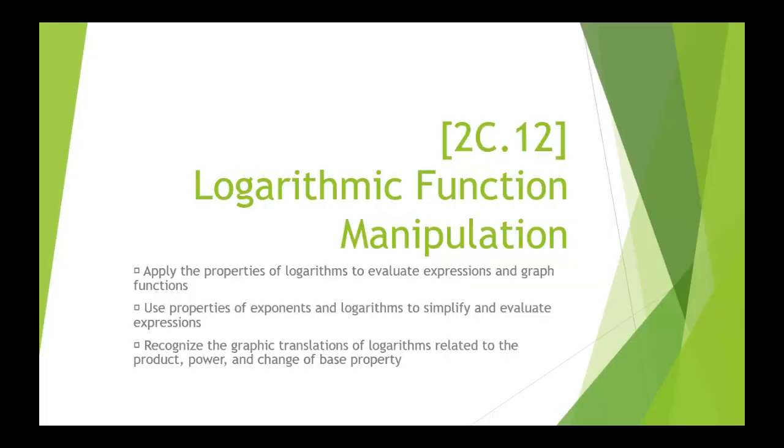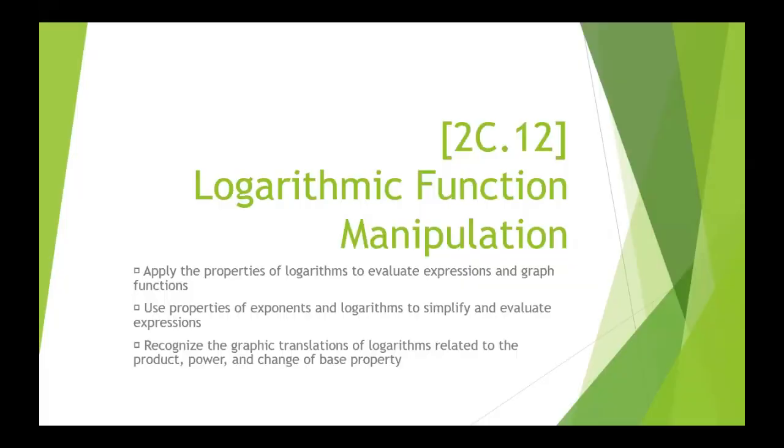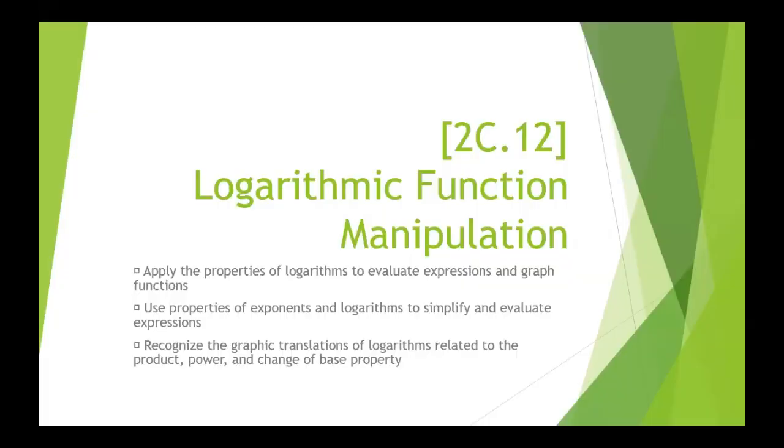Now, it says to use the product property to show this is a vertical translation. To start off, we have log base 2 of 4x. If I have 4x, what kind of transformation is that? It's a horizontal dilation, right?